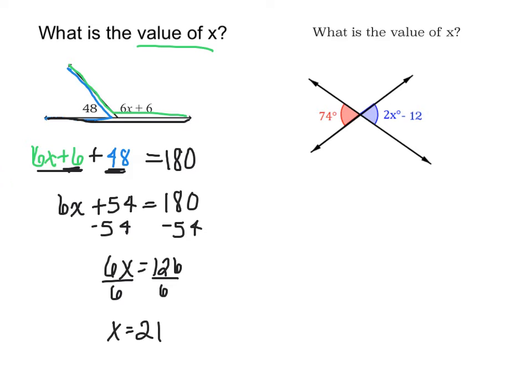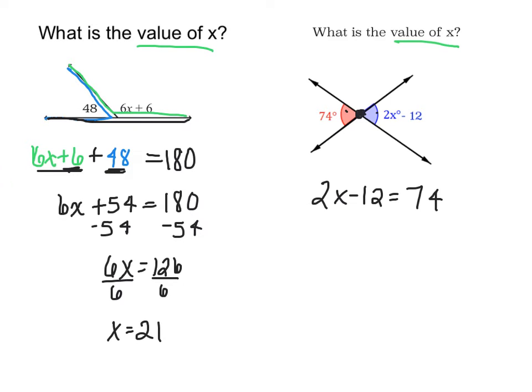All right, for number 2, think about the type of angles you have, set up your equation, and solve for x. All right, so here I see that I have two vertical angles. They share a vertex and they are opposite each other. So I'm going to put them equal to each other. So my angle 2x minus 12, since they're vertical angles, has to be equal to 74.